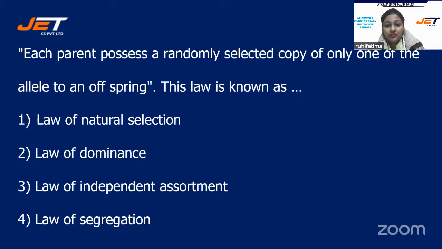Okay, there are mixed responses for this question. I'm revealing the correct answer, that is option number 4. Those who have selected 4, you are correct, students. Law of segregation is the right answer.